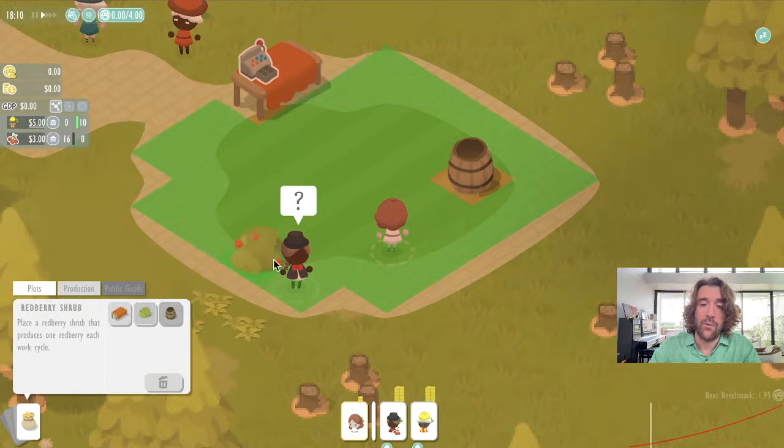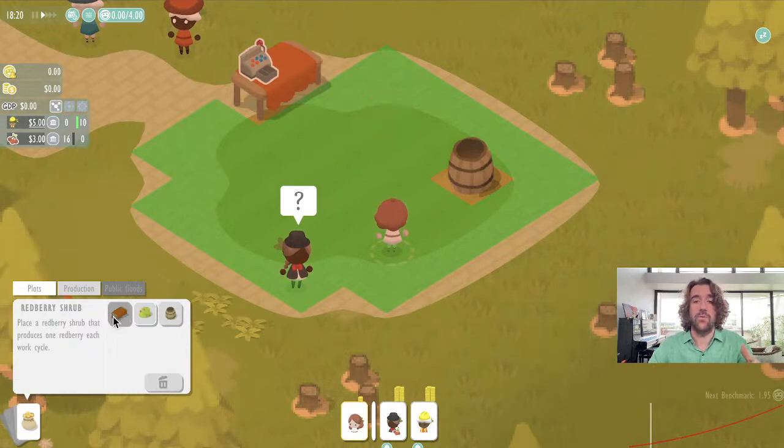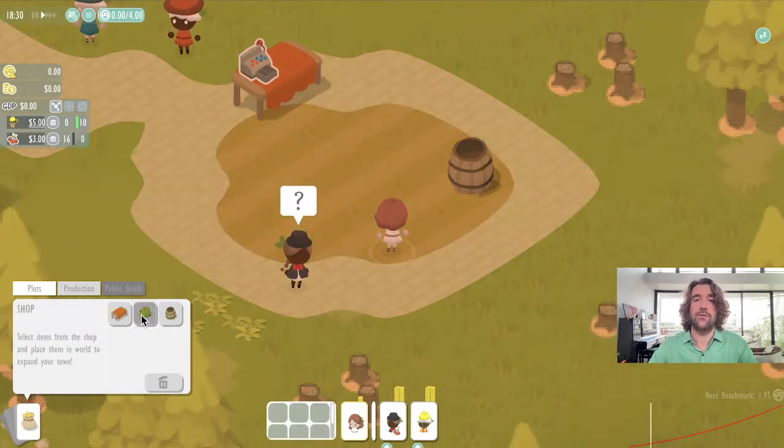So if I put down 1 shrub, this is essentially telling the entrepreneur to produce 1 red berry. If I put down 2 shrubs, we are going to produce 2 red berries. This is your way to suggest to the entrepreneur how much to produce. And this is the core of what we're going to look at in this specific level, the production decision of a simple firm.